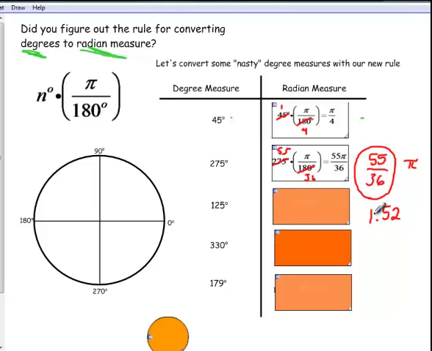So this means I went a whole pi, and then more than half pi. So this would be a half a pi and just a little more. And see where it gets me? That's right, right at 275.